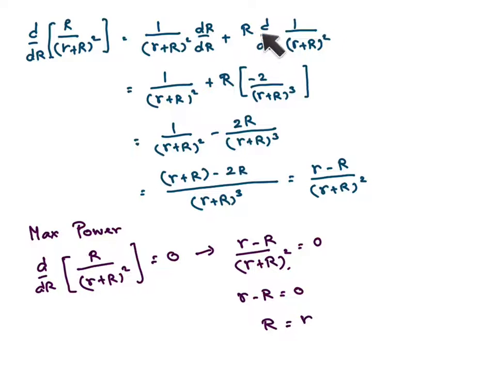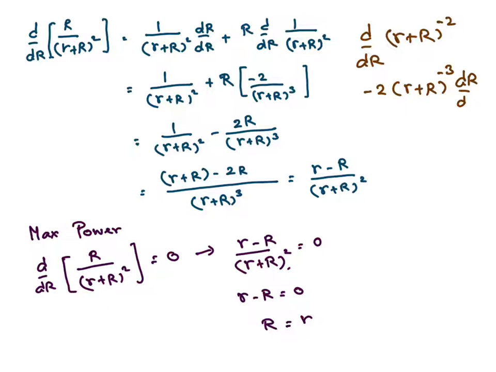The derivative of the other term is a little more complicated. We may write it as d by dR of (r plus R) to the minus 2, and from the usual formula this is equal to minus 2 times (r plus R) to the minus 3 times dR by dR.